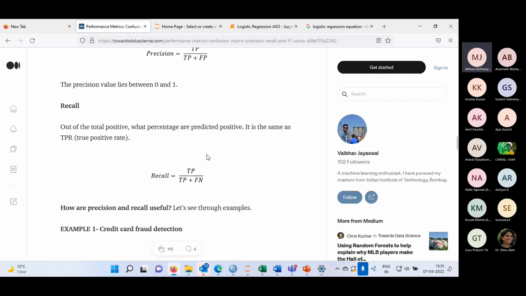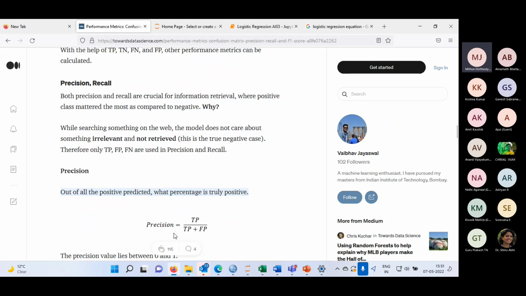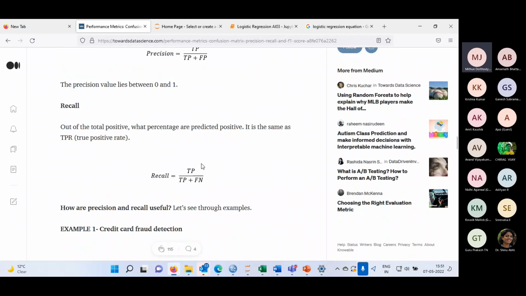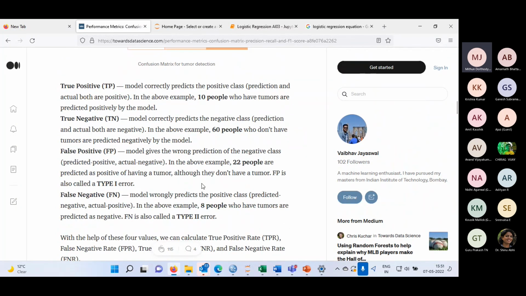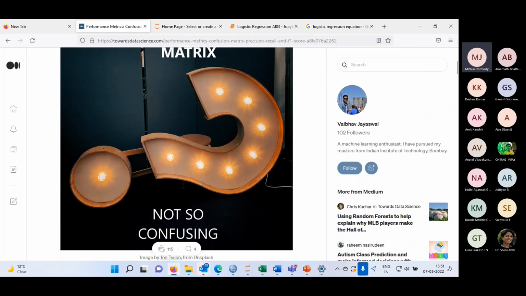So you can see the formula here. Precision is equal to TP divided by TP plus FP. Recall is equal to TP divided by TP plus FN. And you also have the F1 score; this is the F1 score formula.